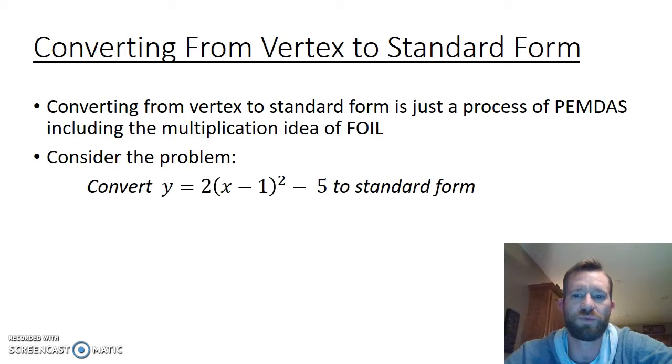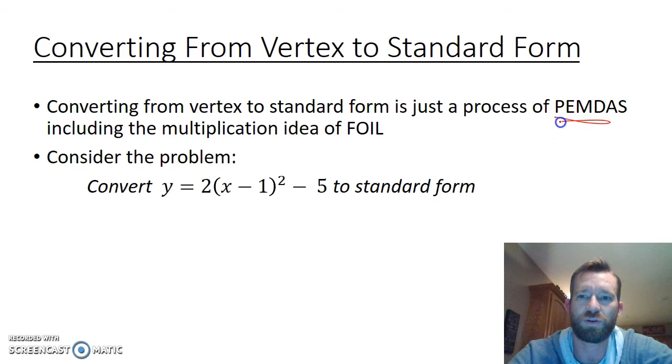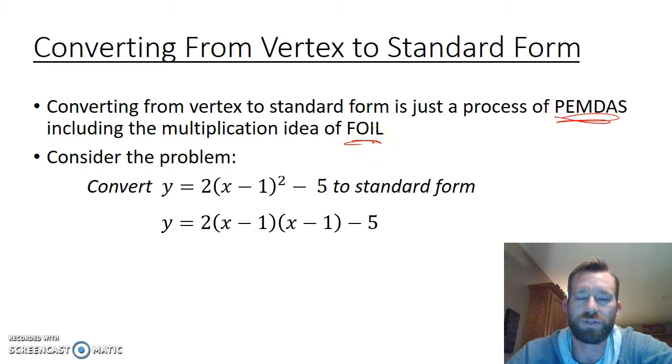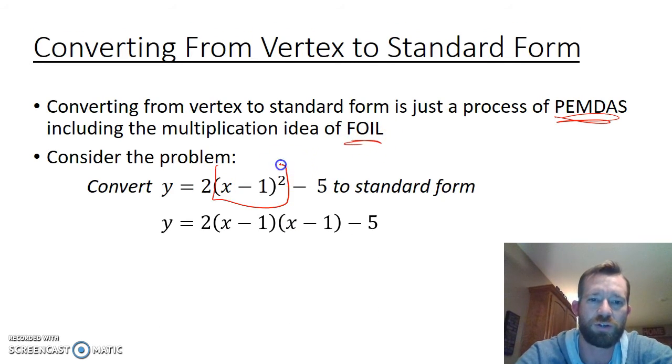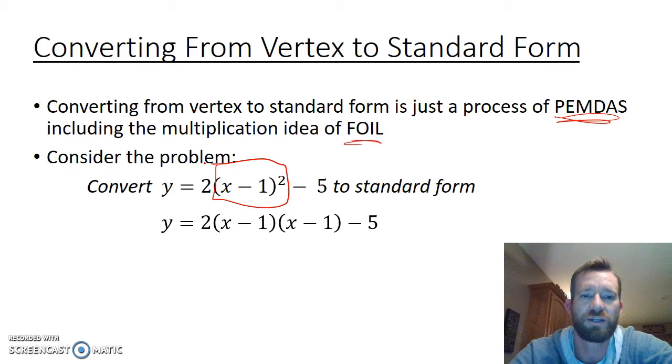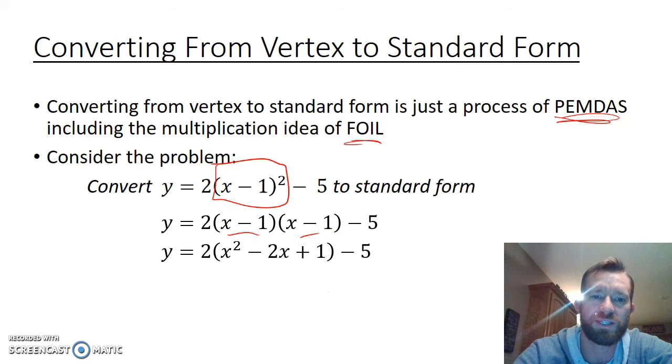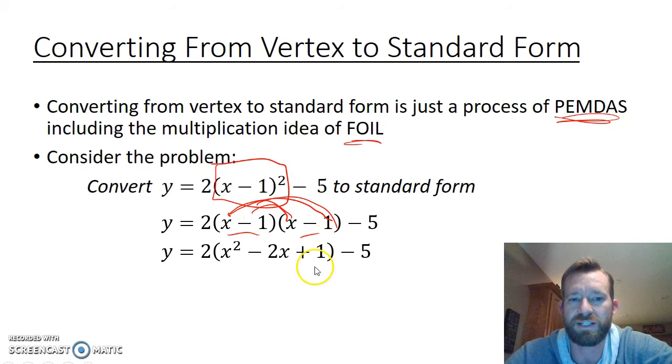One other skill that we need to be able to do is convert from vertex to standard form, and this is just order of operations and FOIL combined. So we say, we have to square this binomial, x minus 1, so we write it out twice. Once we write it out twice, we can FOIL it with itself: x times x is x squared, x times -1, -1 times x, and -1 times -1 is +1.